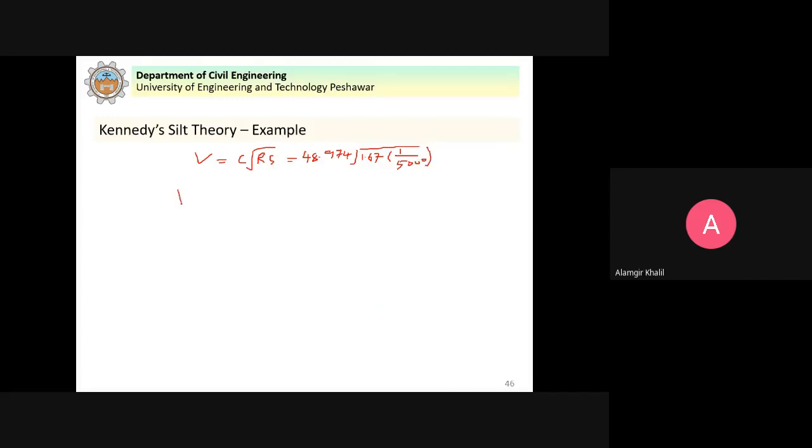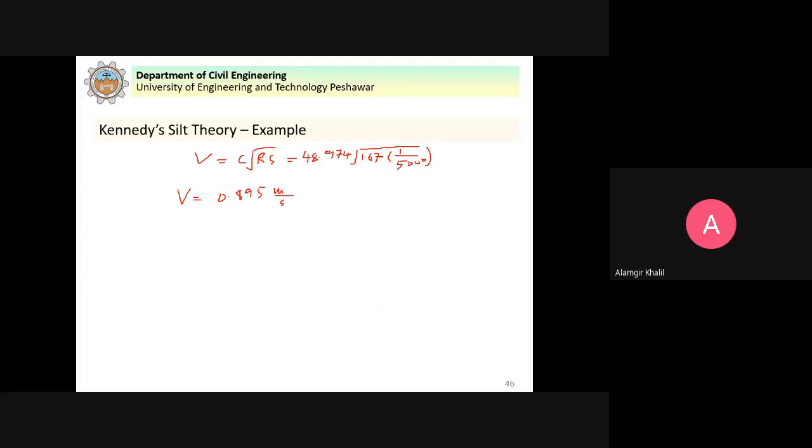So we can calculate this velocity here. This is the actual mean velocity. Remember, this is the actual mean velocity. Now this comes out to be 0.895 meter per second.